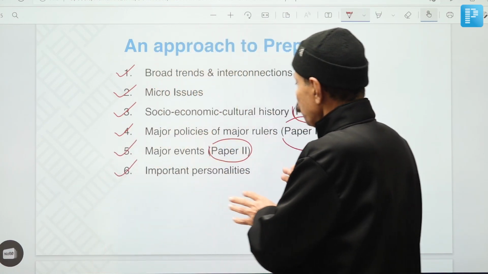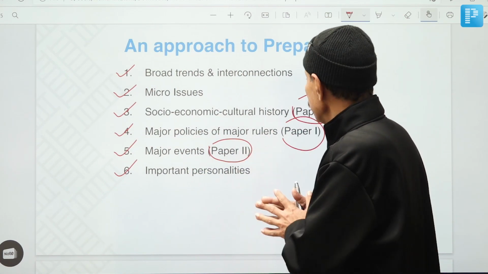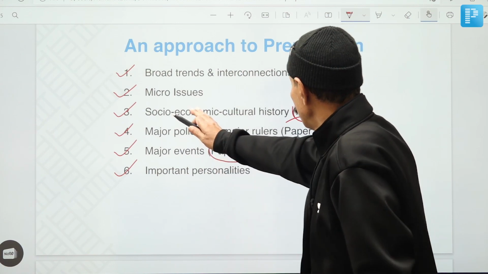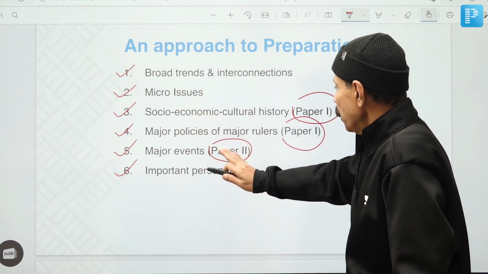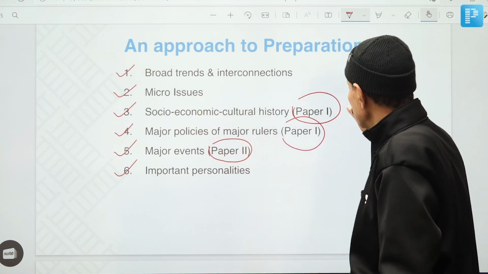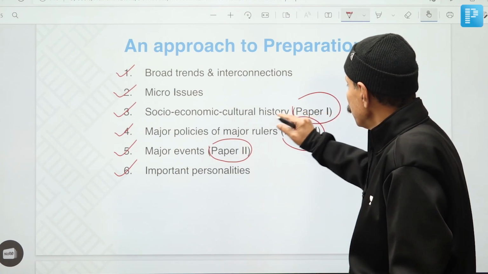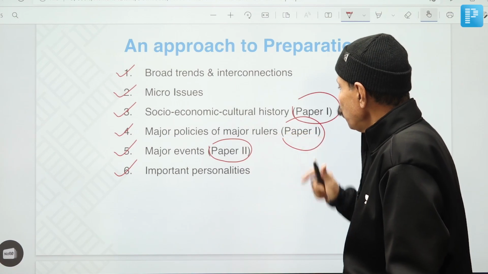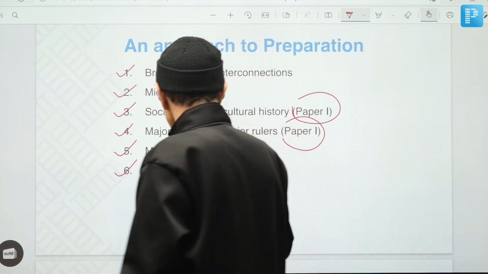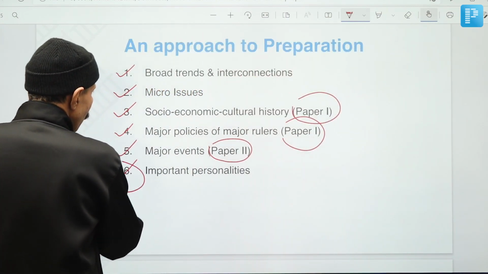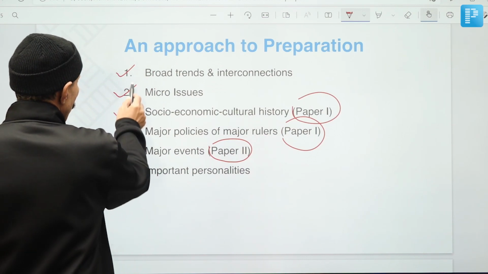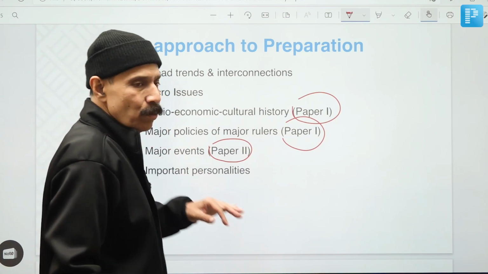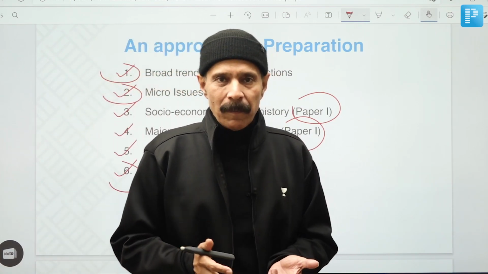So in this list, one thing is that there are certain focus areas like 3, 4, and 5. They are related to a specific paper. 3, paper 1, 4, paper 1, and 5, paper 2. But the rest, that is 6, 2, and 1, they are related to both the papers.